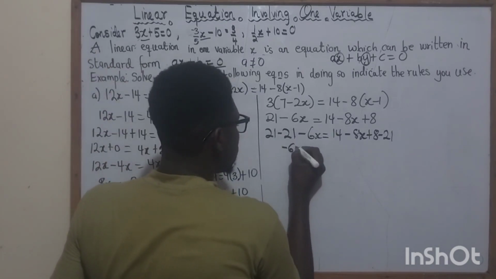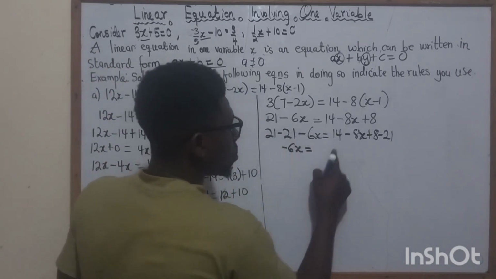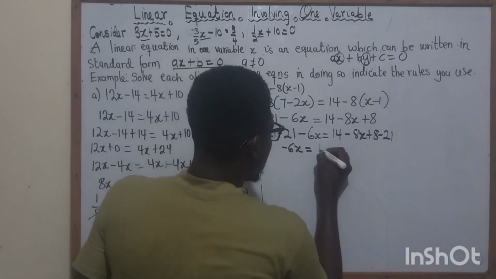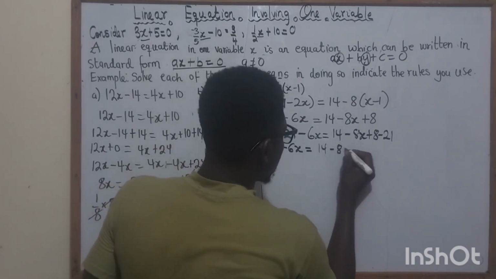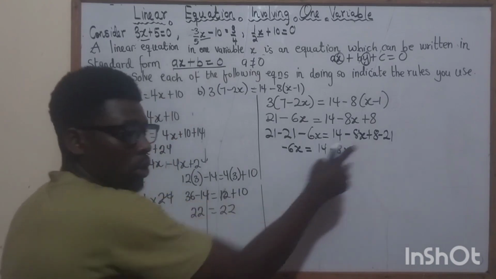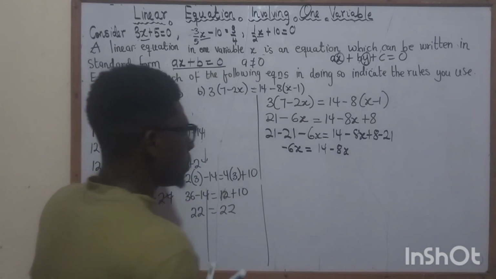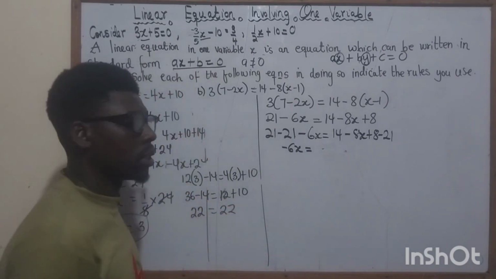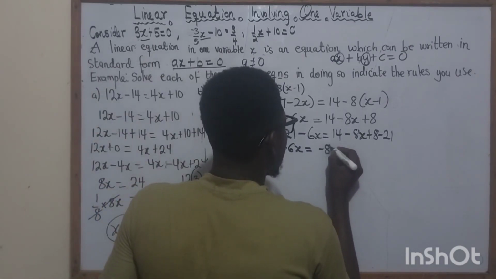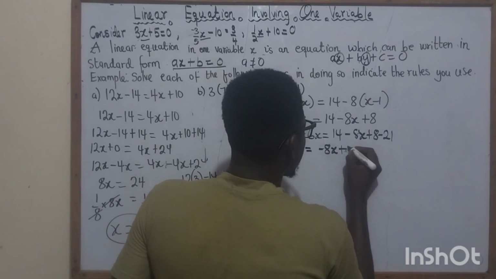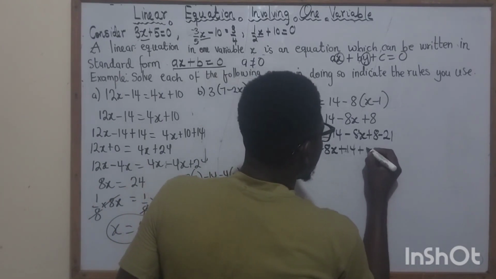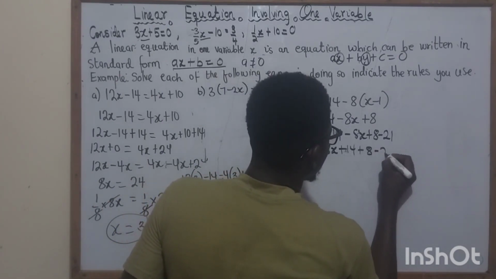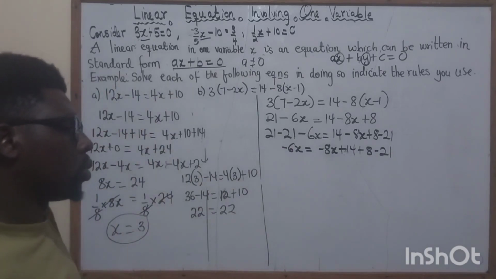So I'm going to have negative 6x equals, what do I have here? 14 minus 8x plus 8 minus 21. Okay, let me group like terms here. I'm going to get negative 8x plus 14 plus 8 minus 21. All right, something like that will do.